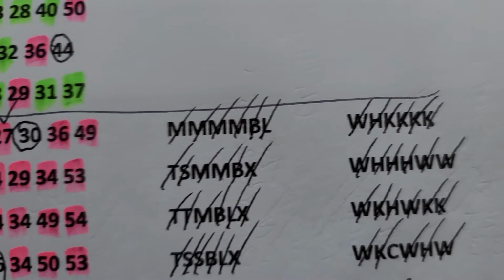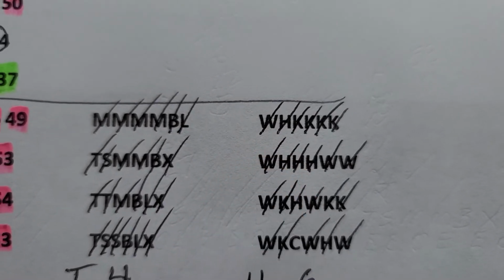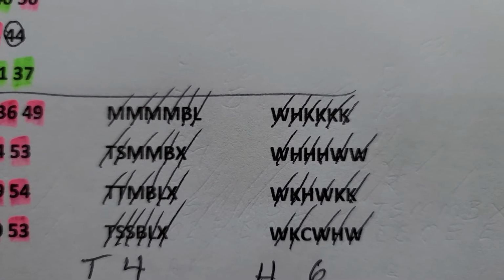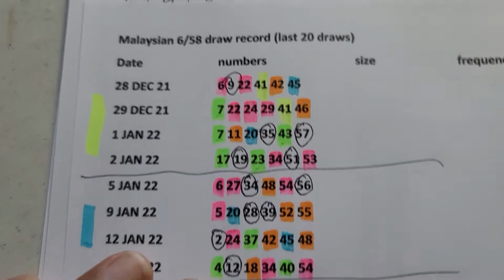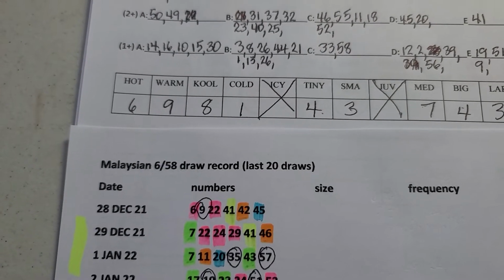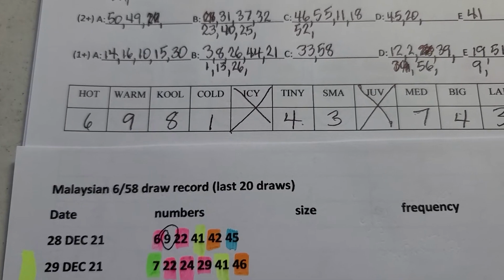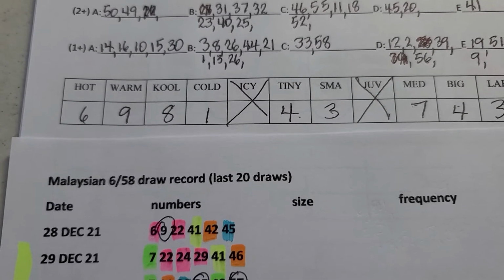There are a bunch of warm numbers shown by the W, and if you count all of the W's, there are 9, so you write 9 up here. Then there were 8 cool numbers and 1 cold number.